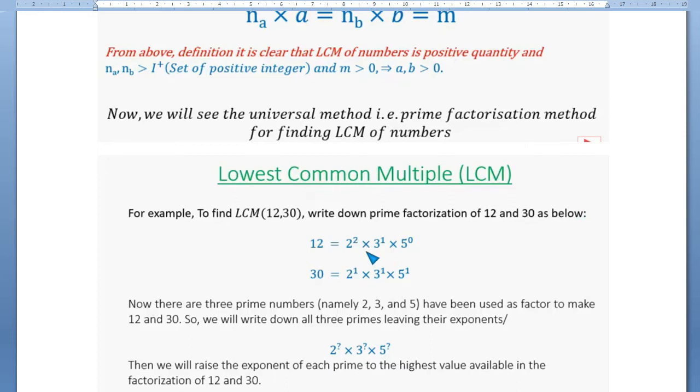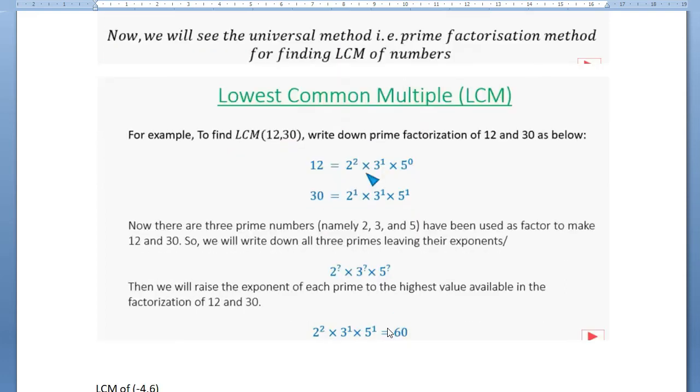So it is 60. You can investigate using your traditional method and you will see that it is correct, because the prime factors are 2 to the 2 into 3 into 5, that is 60. So the LCM here is 60.